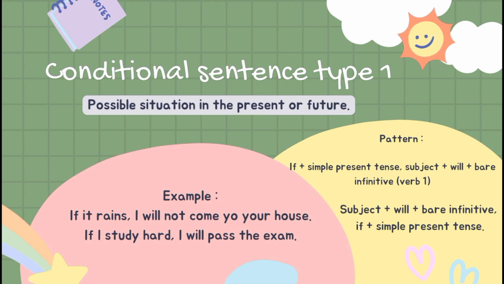These are possibilities. There could be rain, there could be no rain. So, this is a possibility in the present as well as in the future. Maybe it won't rain in the afternoon, so I'll come to your house.